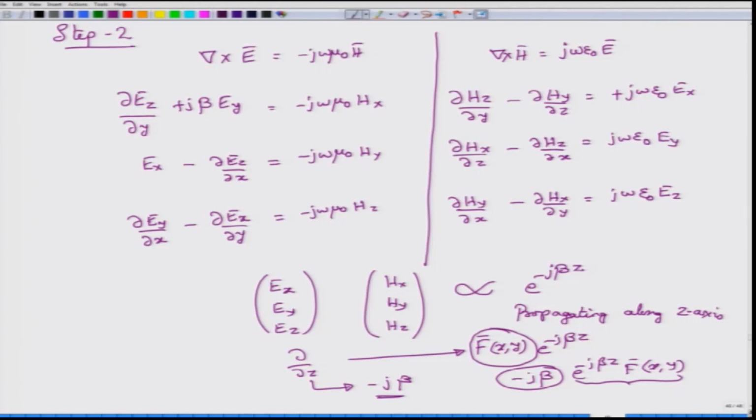So, I have del by del z being replaced by minus j beta. The third equation has no del by del z component, so we will just leave it as it is. On the right hand side, again I am going to make the same substitution. Here I have del by del z being substituted by plus j beta. So, this is Hy, and then I have minus del by del z on this side, so I am going to replace that one by minus j beta.